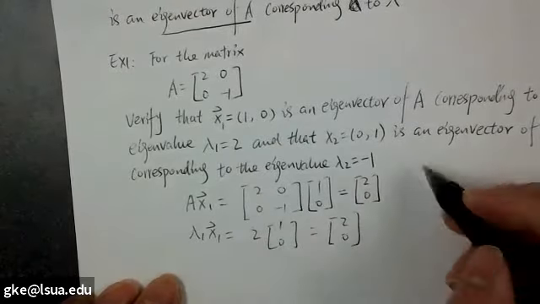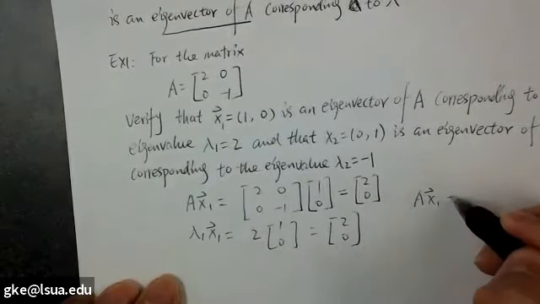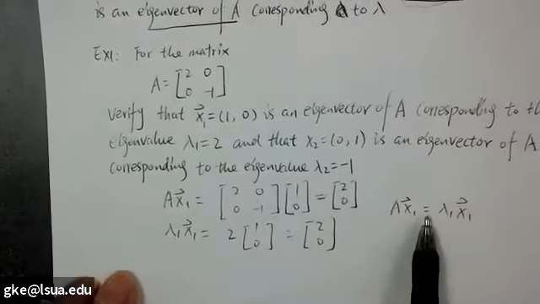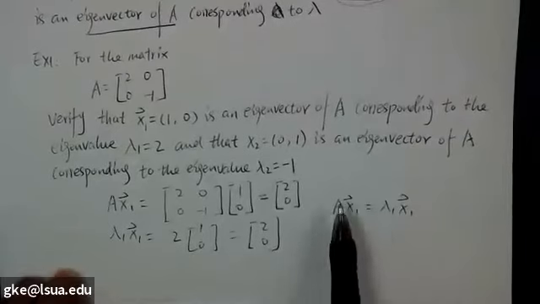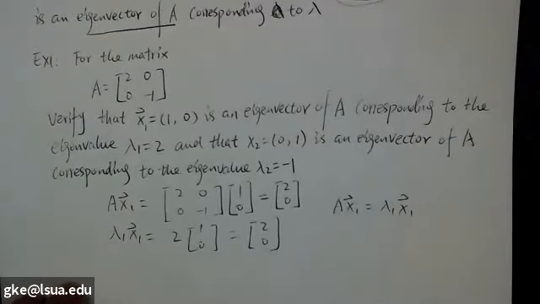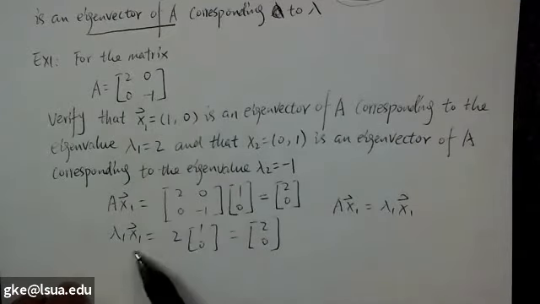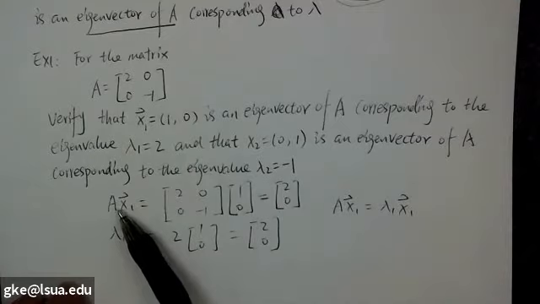So we can see A x1 equals lambda 1 x1. That means we verify that lambda 1 is an eigenvalue and x1 is the eigenvector.